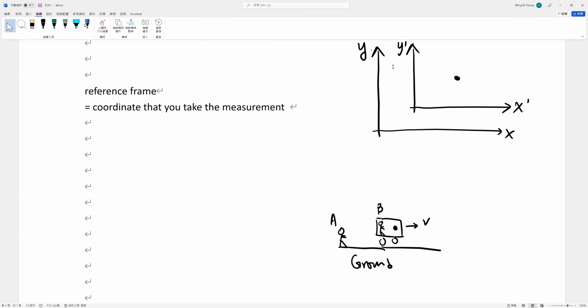Maybe it will be a bit difficult to understand here, so let me describe it like this. This is x prime, this is x. Just consider it in 1D.